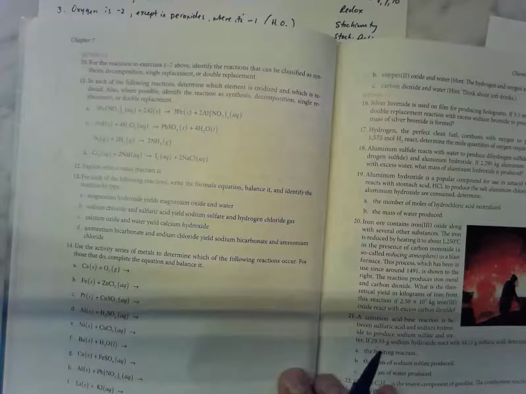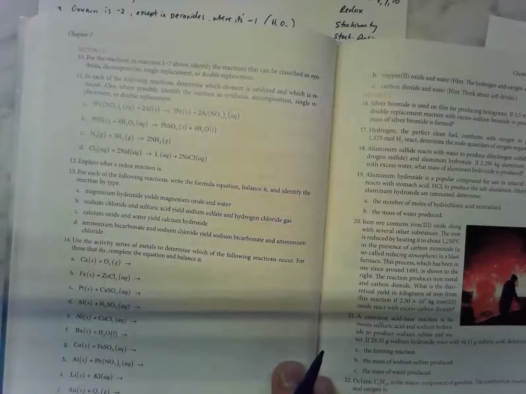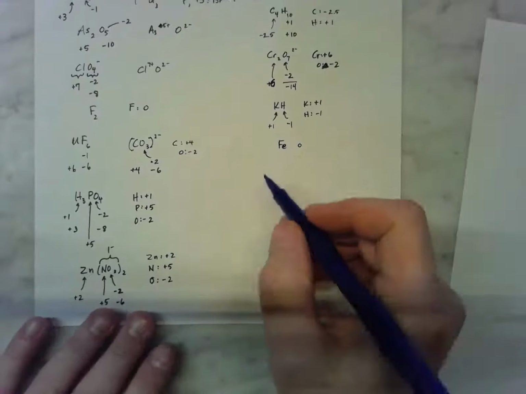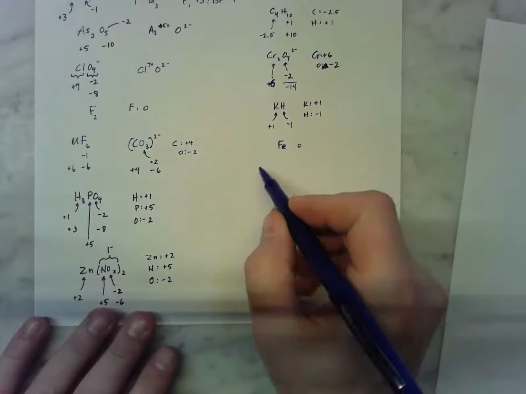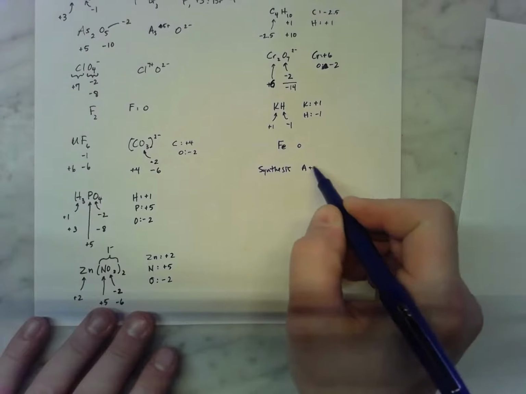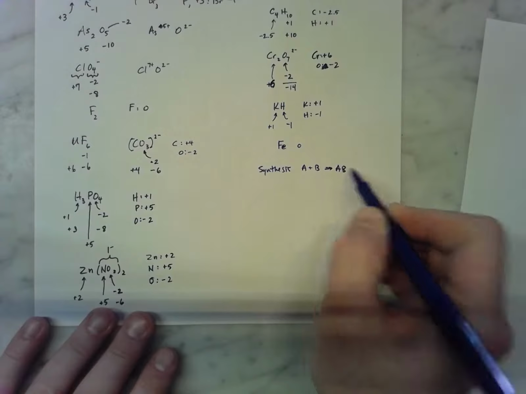Okay. All right. For the reactions in exercises 1 through 7, let's identify them as what they are. Okay, and very quickly, we remember what our types are. If we synthesize something, that's A plus B goes to AB.